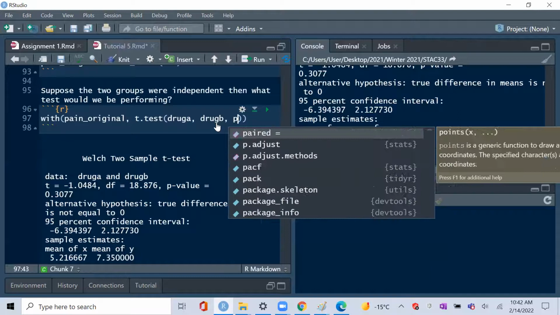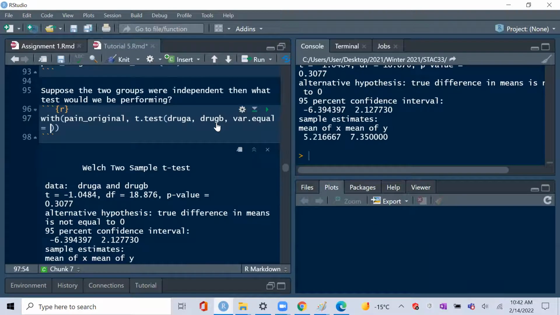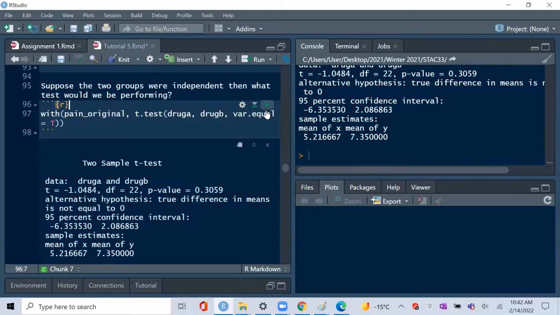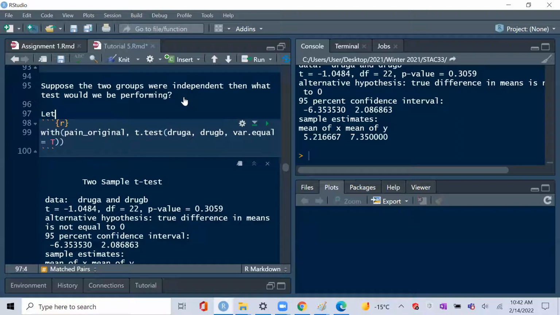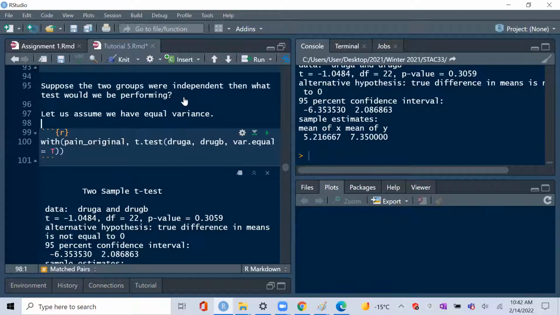Let's suppose we have equal variance when we're doing a pooled test, right? So I'm just going to stick that in. The p-value is still very high, 0.3.